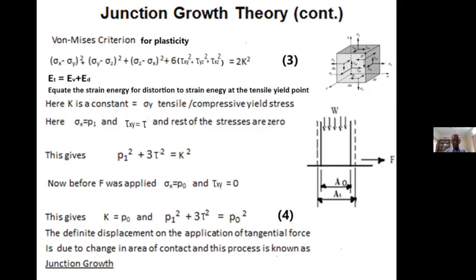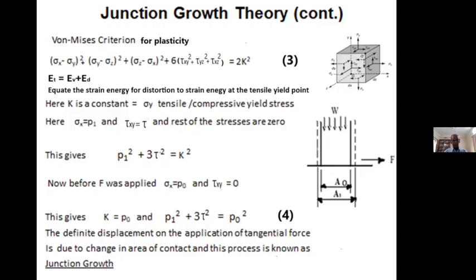Now, if we look at our situation in the figure below here, we have a flattened asperity loaded by a normal load W and a tangential force F. So we have got only one normal stress, let's call it sigma x, and that is P1. As we said earlier, P1 is nothing but W by A1, and tau xy, which is tau, is F by A1.